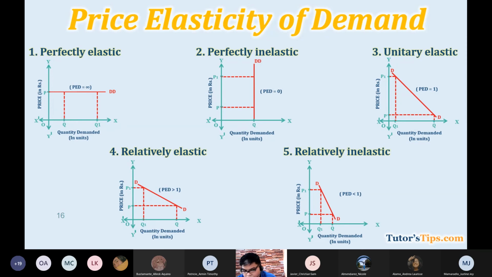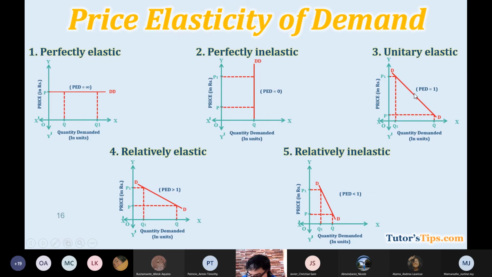So this one, ito siya, which is 4.4. And then unitary elastic naman is when E equals 1. PED ginagamit niya, which is price elasticity of demand. Pero pareho lang po. E equals 1.